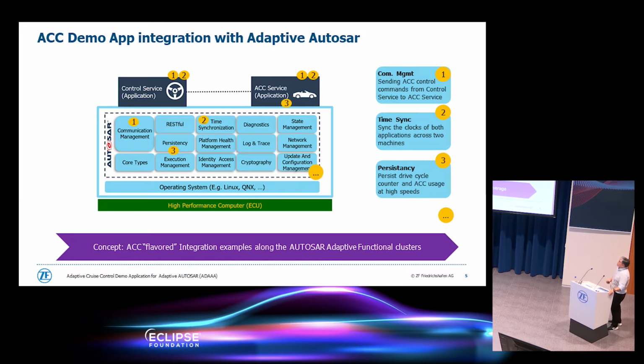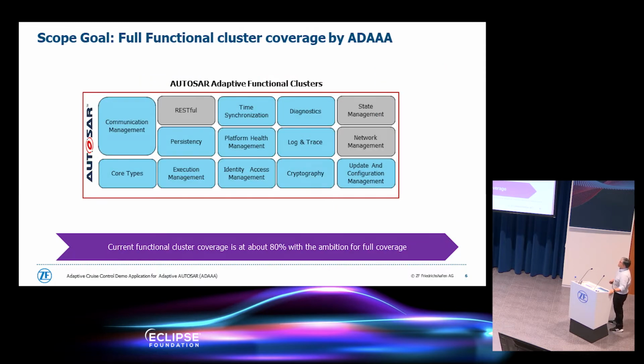Yeah, so what is the coverage until today? So we have managed to integrate more and more functional clusters into the example. We are at the moment at around 80%, and we are interested to share all of this. There are 2-3 functional clusters remaining that have to do with priorities, but also with availability of functionality by the stack providers.